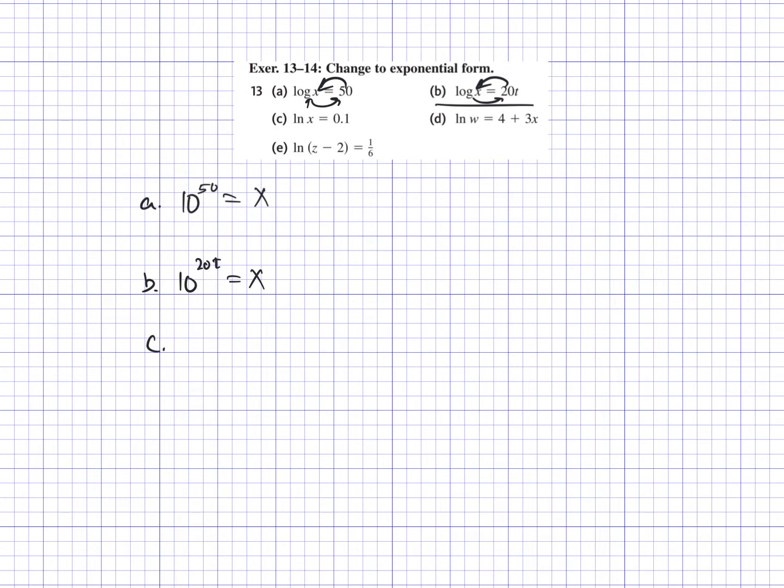And c, natural log. So e raised to 0.1 is equal to x. And then d, e raised to the group 4 plus 3x is equal to w.